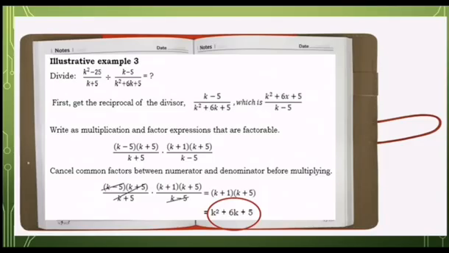So we may write this as a trinomial using the FOIL method, in which we multiply the first terms, k times k, k squared; outer terms, k times 5, 5k; adding to the product of the inner terms, which is 1 times k, we have k, so that's why we have 6k; and then last terms, 1 times 5, we have 5. Therefore, the quotient of k squared minus 25 over k plus 5 and k minus 5 over k squared plus 6k plus 5 is k squared plus 6k plus 5.